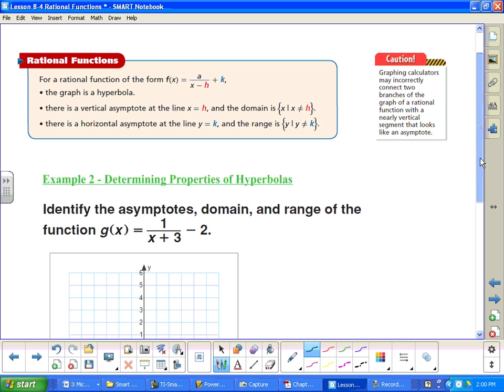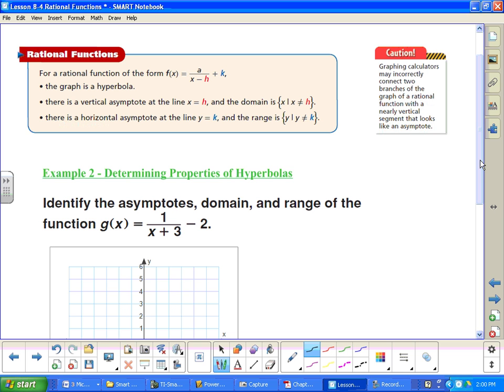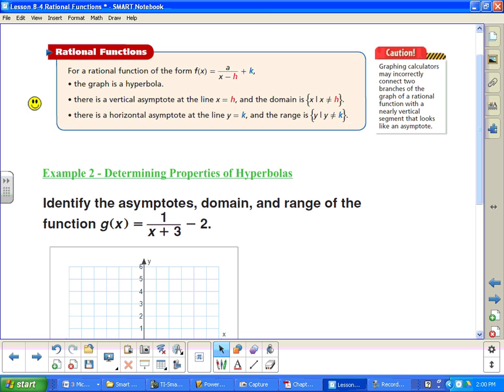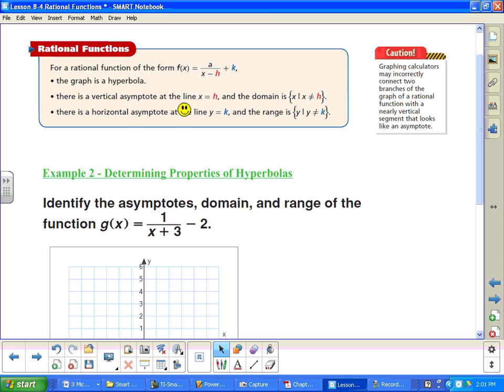This little chart here is also on that half sheet of paper I gave you on Friday. Then it tells us that there's a vertical asymptote. Vertical asymptote is the line x equals h.